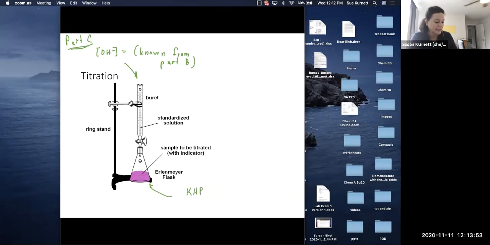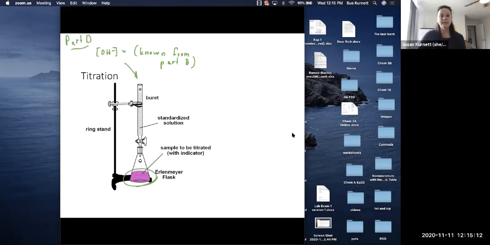It's an organic acid, plus some salt. And so in part C, the unknown part is how much of that mass that you put in was KHP. So it's a mixture that is dry, solid, and you add water and you add phenolphthalein, but your goal is to figure out how much of what you put in actually was KHP, so you can come up with a percent composition of that mixture.